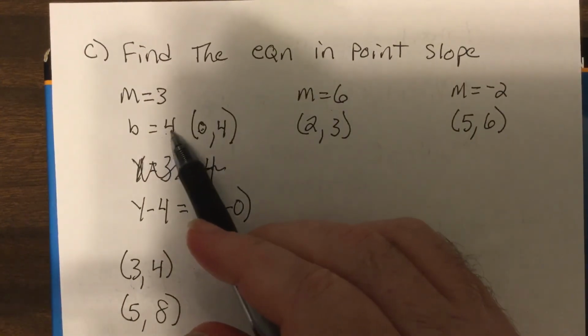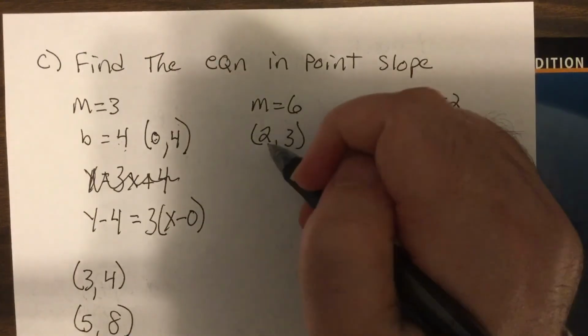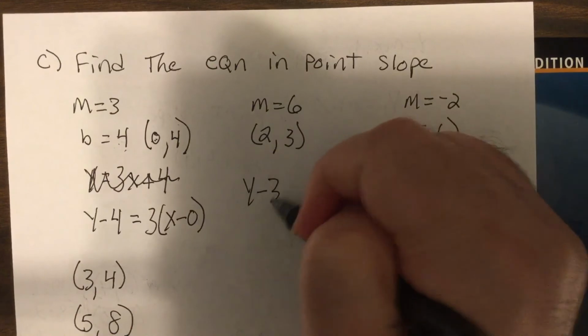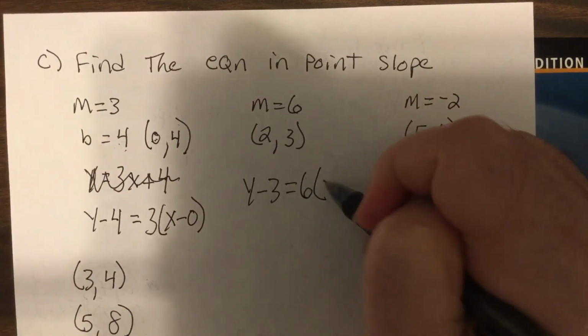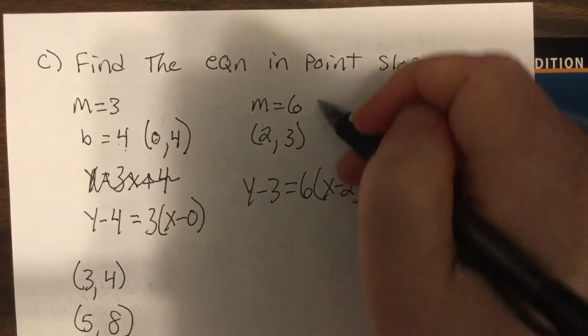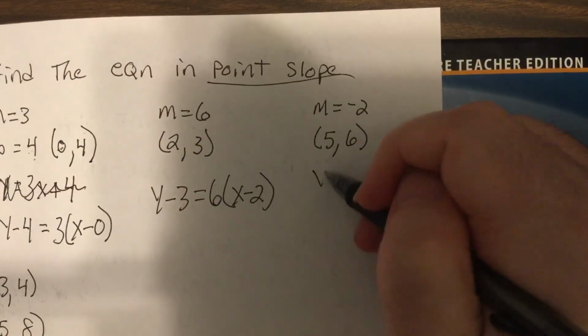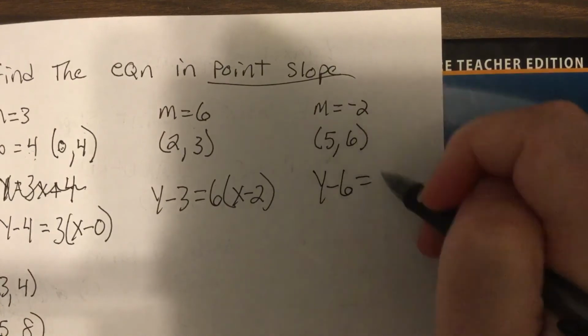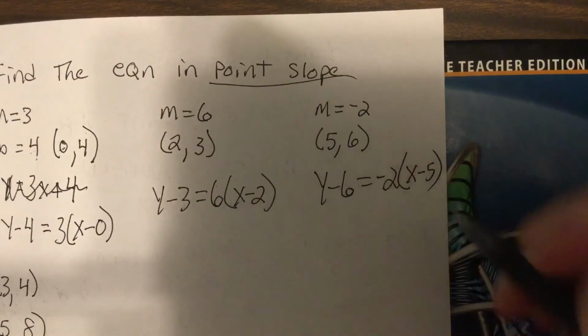Let's use the ordered pair with it. Use point slope, and it's already in point slope. So this one, y minus 3 equals 6, x minus 2, and it's already in point slope form. Same with this one, y minus 6 equals negative 2, x minus 5. And I'm done. It's already in point slope form.